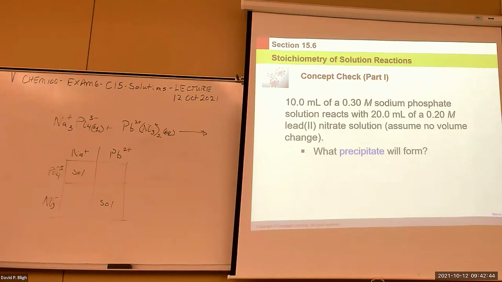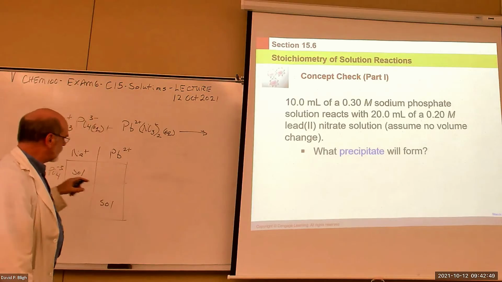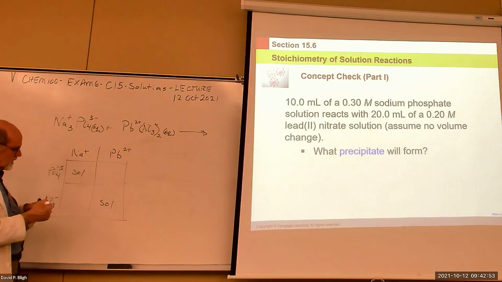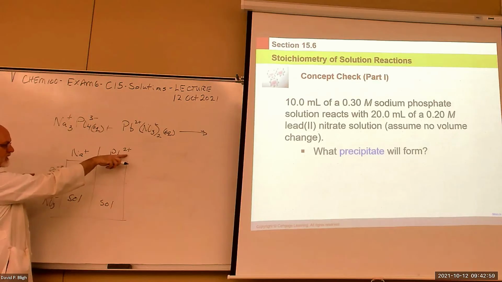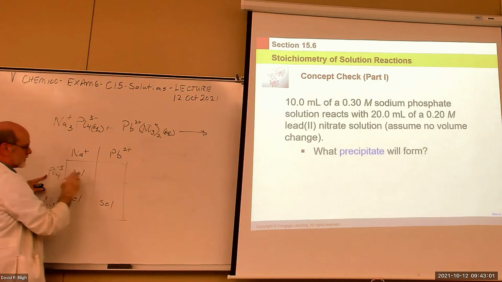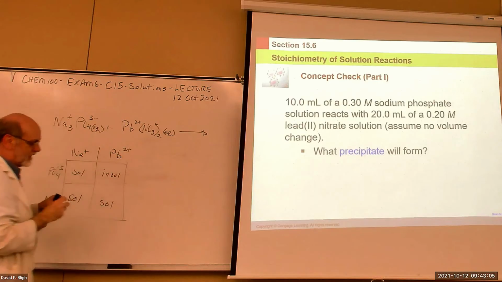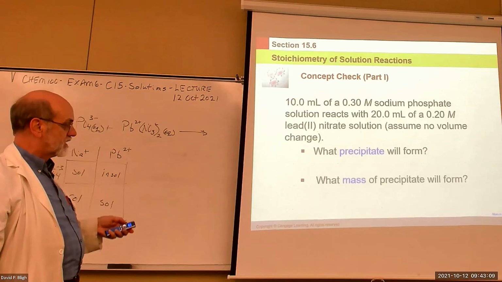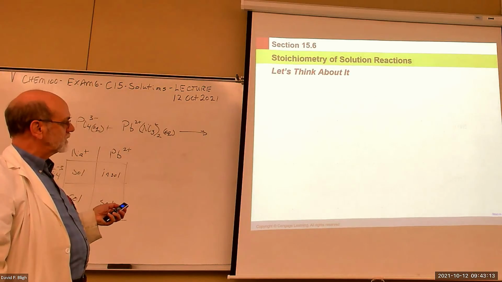Okay. So you take that chart that I gave you and you look at combinations of sodium and nitrate. You find out that that chart tells you they're soluble. But when you combine lead 2 plus and phosphate, we find that it's insoluble. So the precipitate that forms in this case, well, it didn't give it.